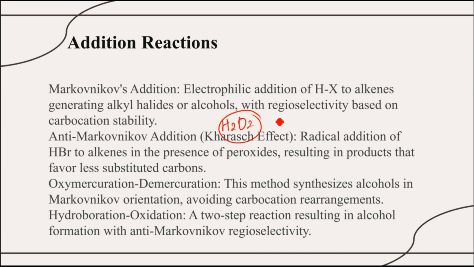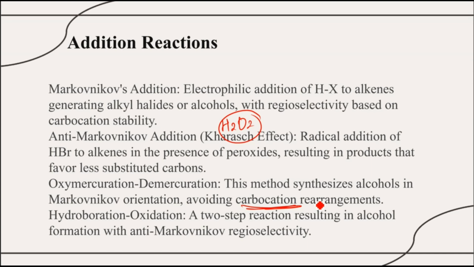Then oxymercuration-demercuration. This is for alcohol preparation, with Markovnikov orientation, and this avoids the carbocation rearrangements. That is important. Stereospecific anti-addition happens. The regioselectivity is Markovnikov, as I said.